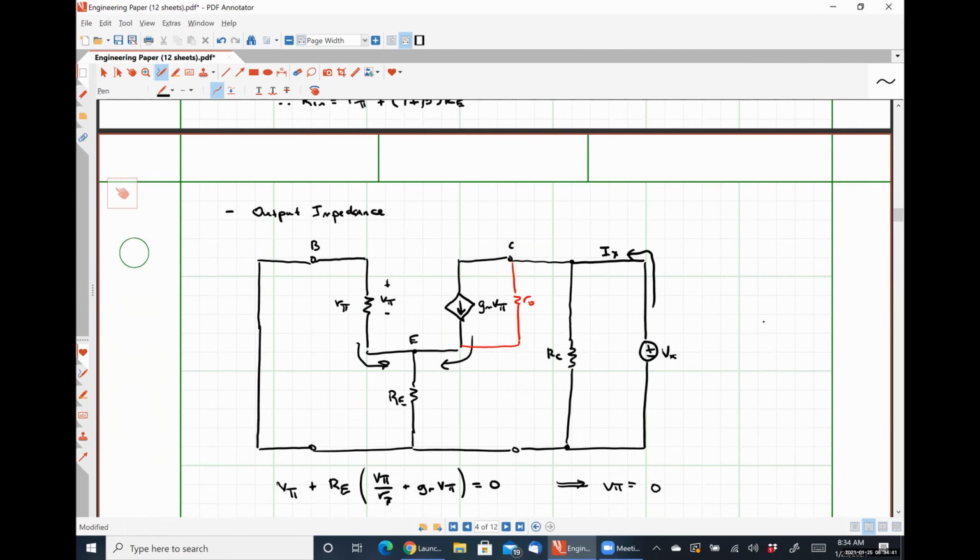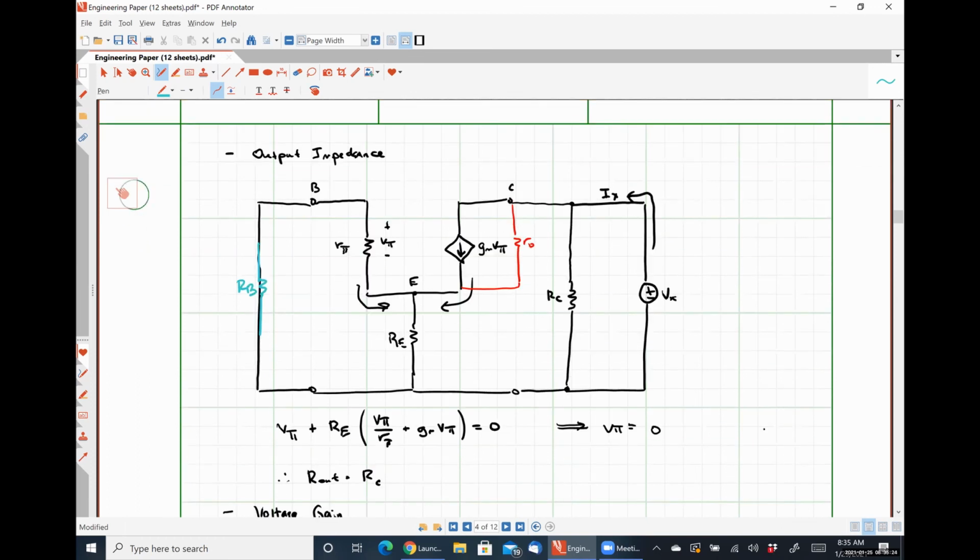So including the base resistor now, where would we place RB in this circuit? In series with R pi, absolutely right. So it would be something like this, between B, the base terminal, and ground, because we have to short out our input voltage.